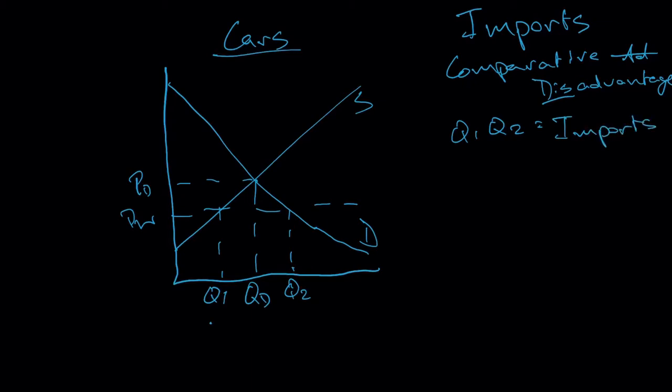Now we still need to show the gains from trade here, and we can do that again using the concepts of consumer and producer surplus. What we're going to do is label our areas.